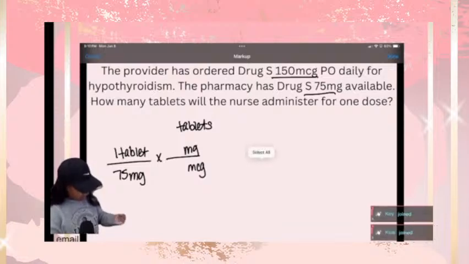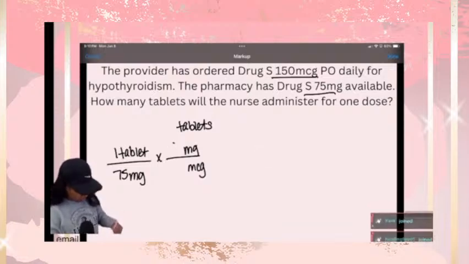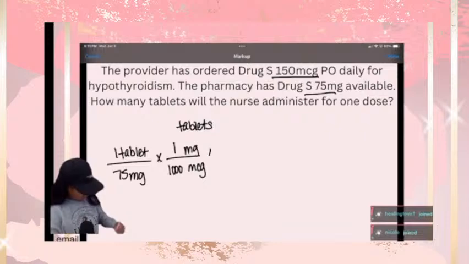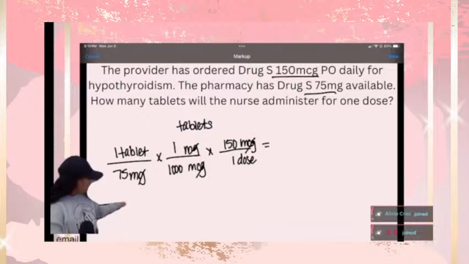The one goes by the biggest unit. So 1 milligram is 1,000 itty bitty pieces of micrograms. Then we have 150 micrograms in a dose. So milligrams, micrograms. Let's go to our calculator.